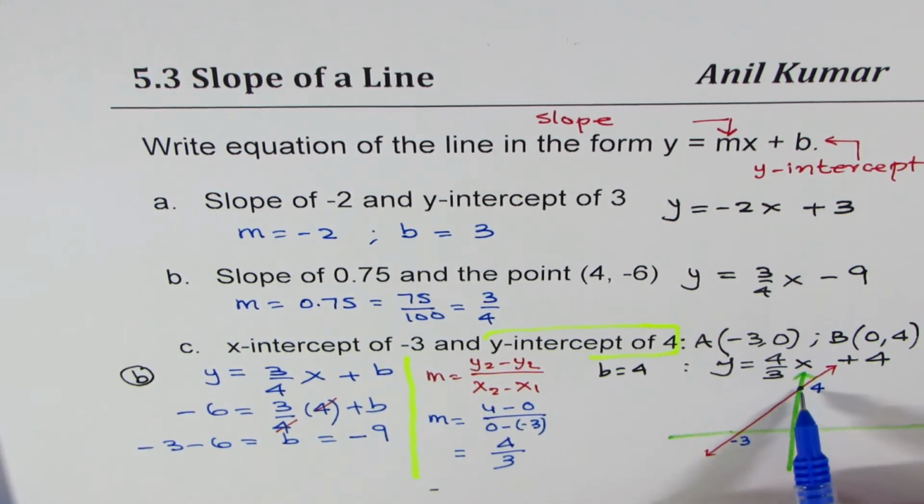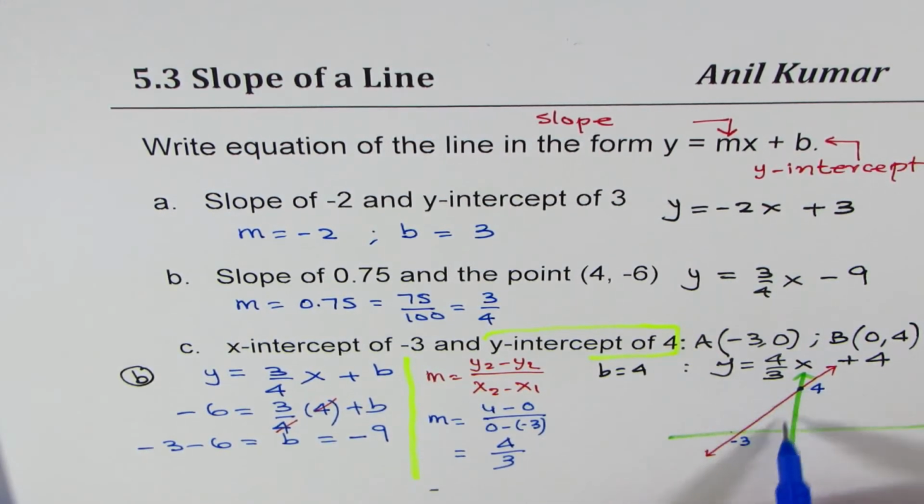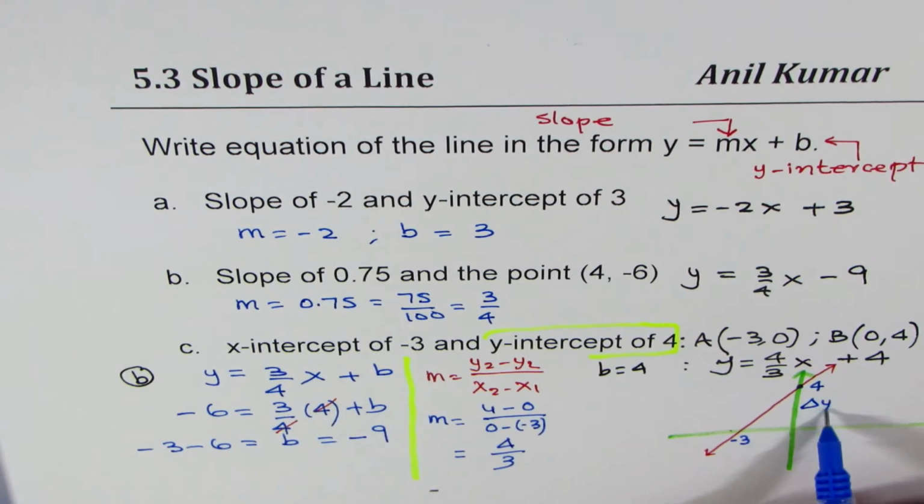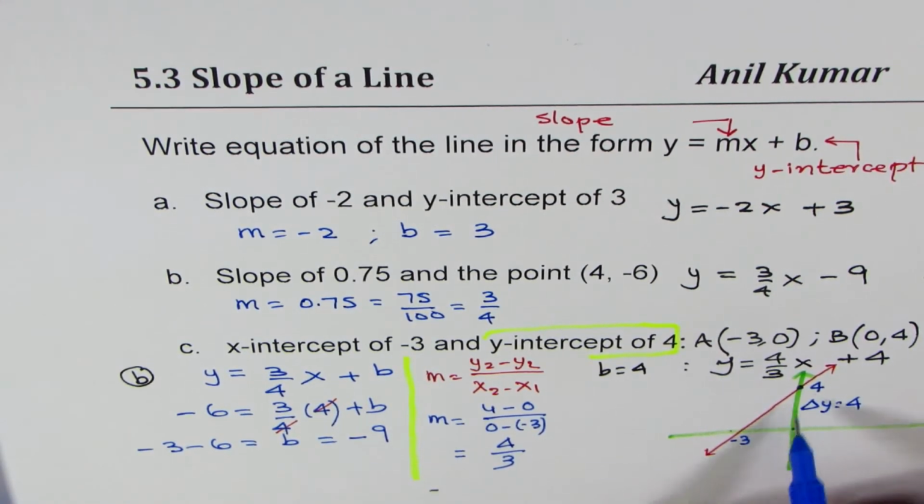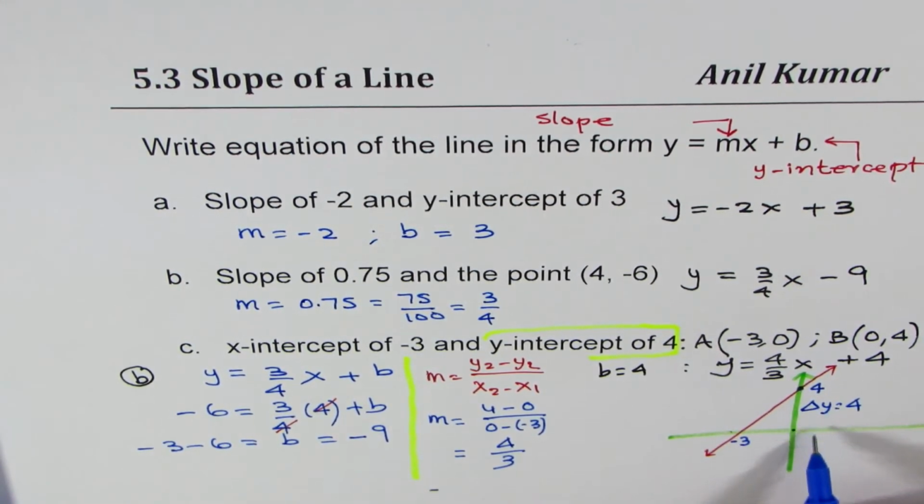So the triangle has been formed, and in this triangle, change in y is 4, from 0 to 4, and change in x, you have to see from this side, so it becomes kind of negative, is 3. So if you find the slope, 4 over 3, directly you can read the value, correct?